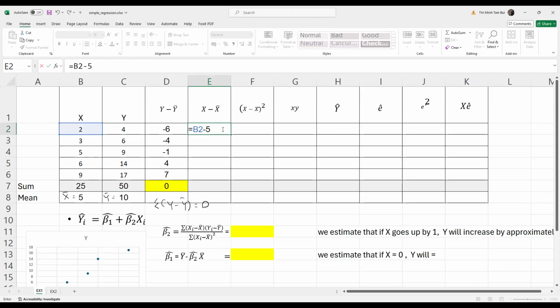Okay, so 2 minus 5 is minus 3. 3 minus 5 is minus 2. Then 0, 1, 4. And again, the sum equals 0.